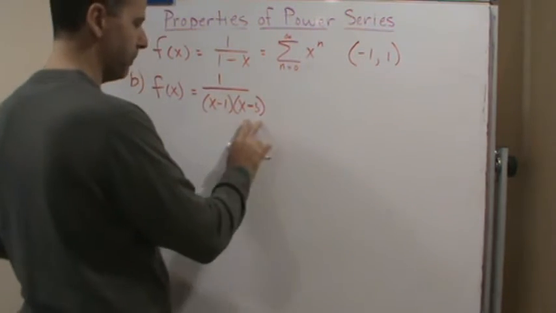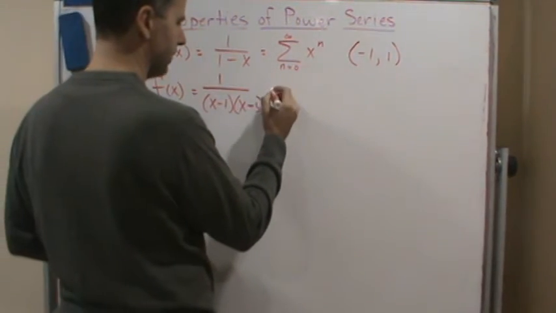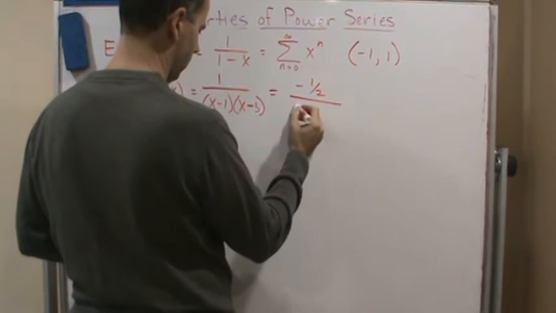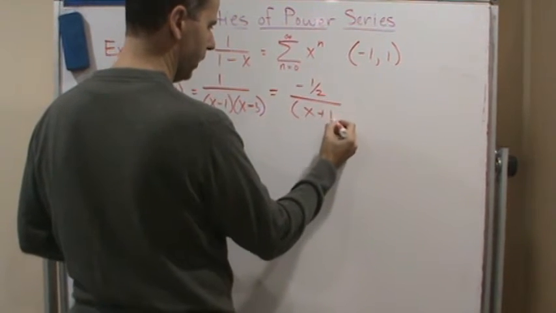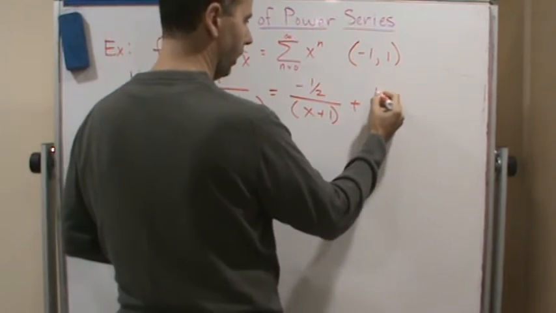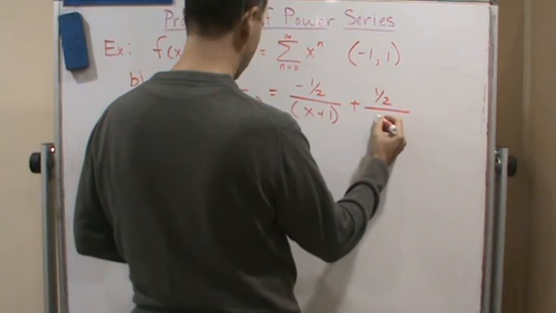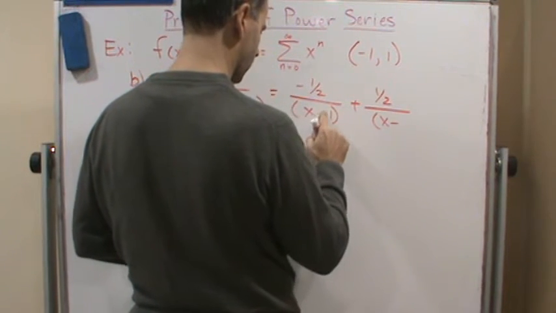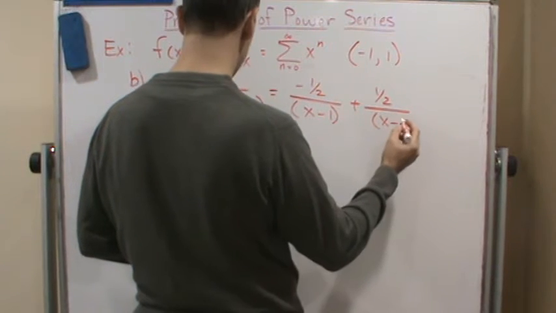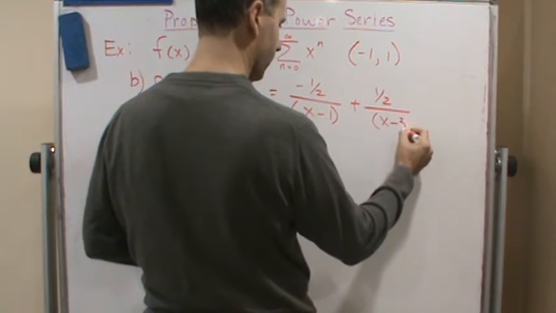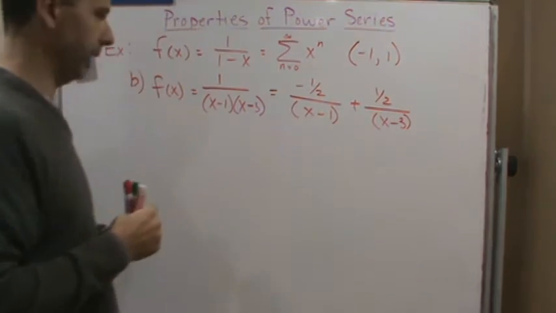And so if you use the method of partial fractions, you're going to get negative 1/2 over x plus 1, plus 1/2 over x minus, oops, not plus 1, x minus 1, and x minus 3.